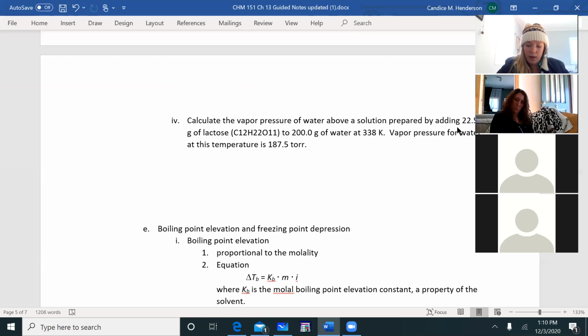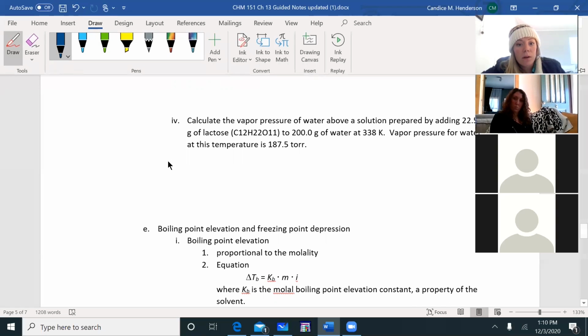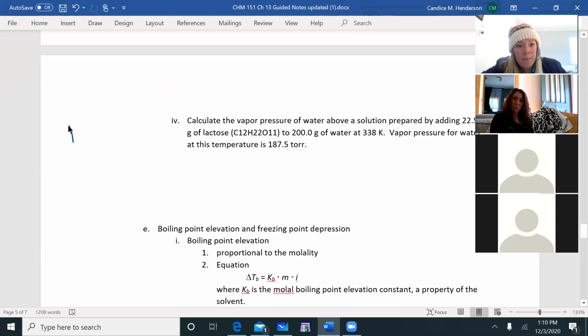So the equation is pretty simple. It's just going to have two variables, really. And the hardest thing here is just figuring out our mole fraction. So let's write out our equation. We know where we're headed. PA, our pressure with this dissolved material in it, is going to be our XA, our mole fraction, times our original pressure without the material in it at a given temperature.